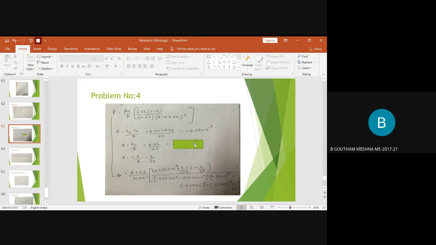Ma'am, 3.33 into 10 power minus 4. You're getting that, right? Yes, ma'am. So once you get the value of A, now in the equation you have x1, right?